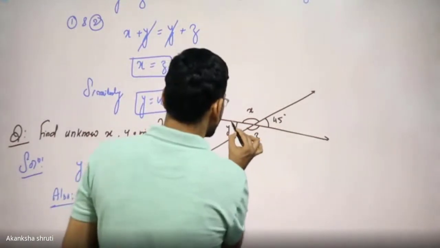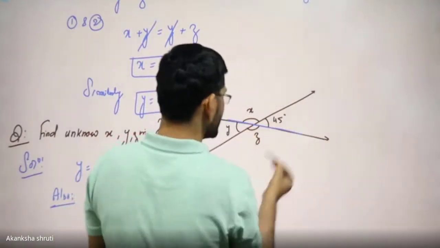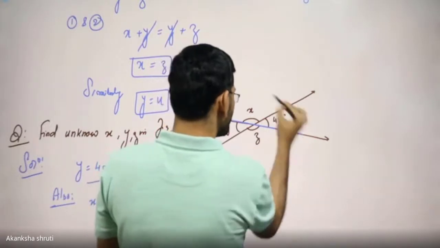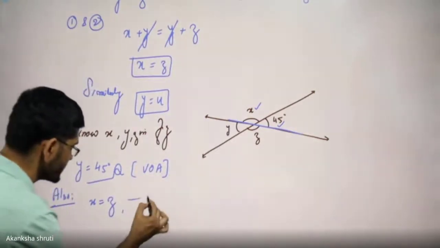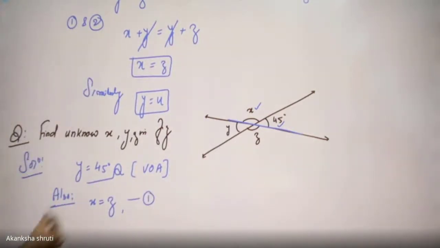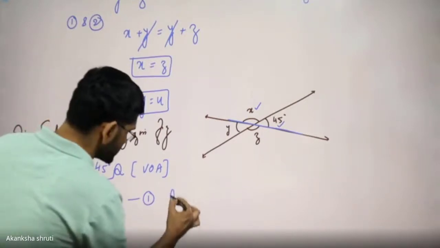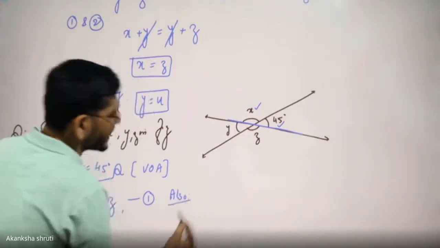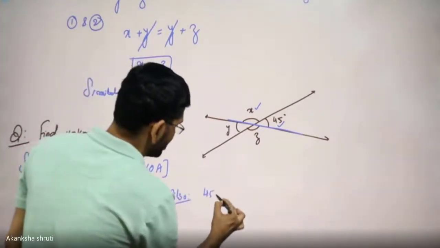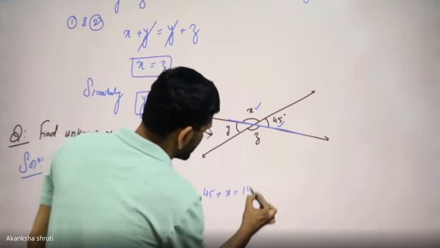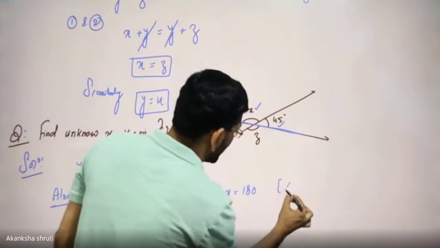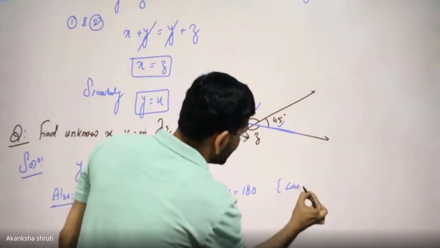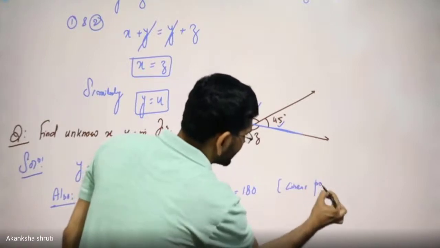We may consider this straight line, then we can write 45 plus X equals 180 degrees. Both X and Z are unknown, so leave it, though X equals Z. We can write 45 plus X equals 180 degrees. The reason is it is a straight angle or linear pair.